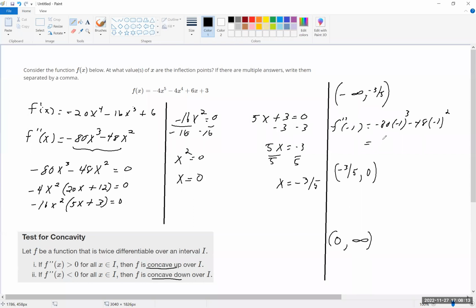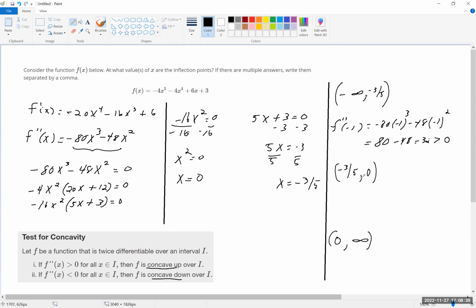So this is going to be 80 minus 48, which is going to be 32, which is greater than 0. And we'll see if there's a concavity change.